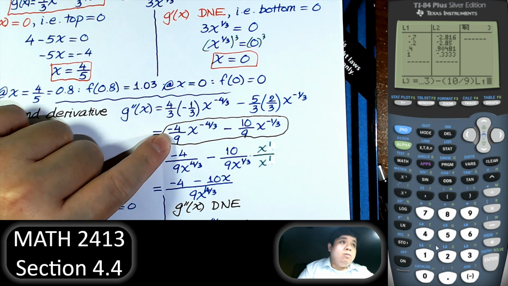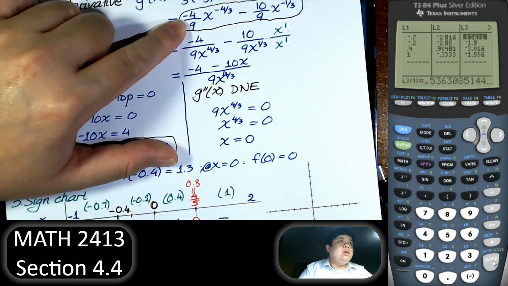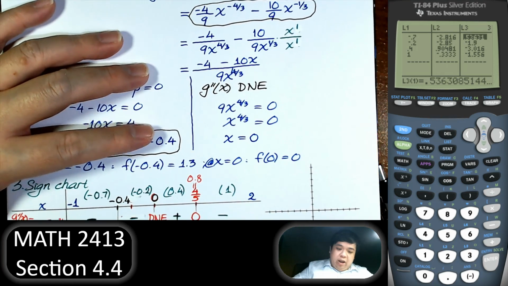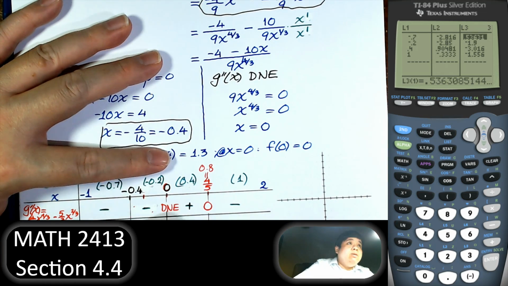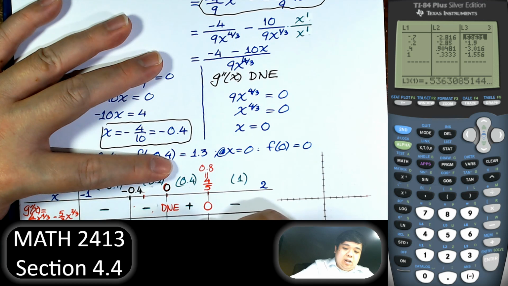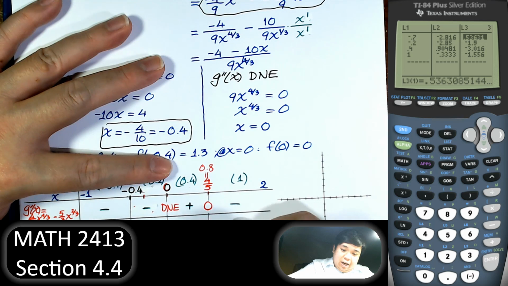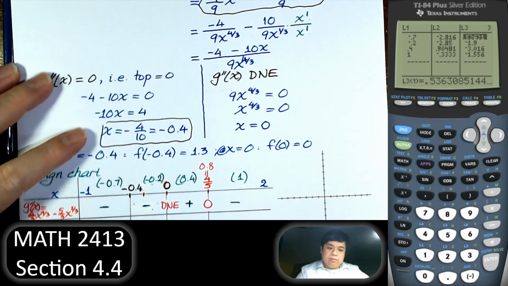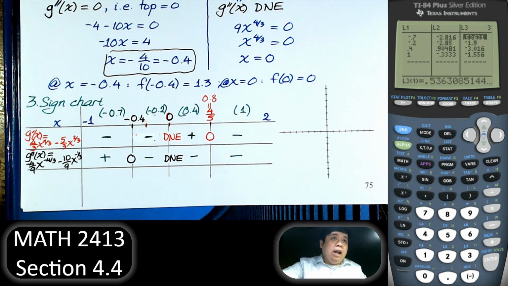L1 to the power of negative 1 over 3. So I will have positive, negative, negative, and then negative. Right. And then just do the curve.